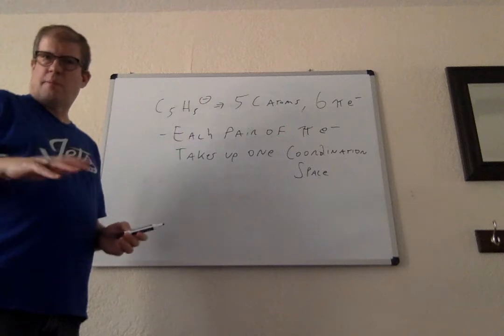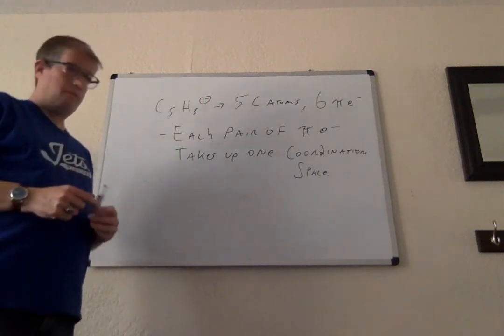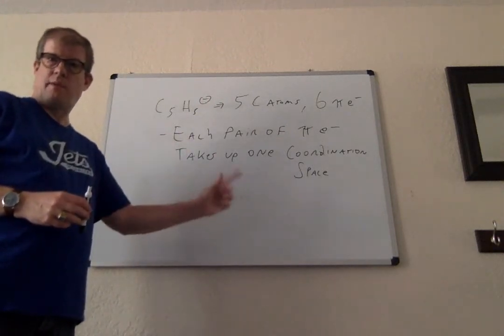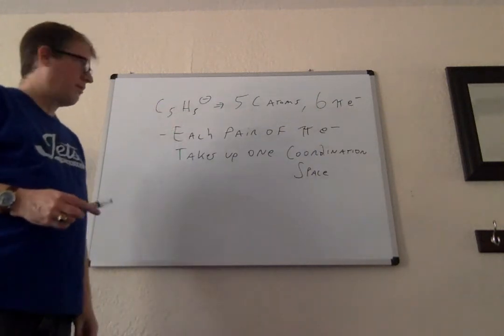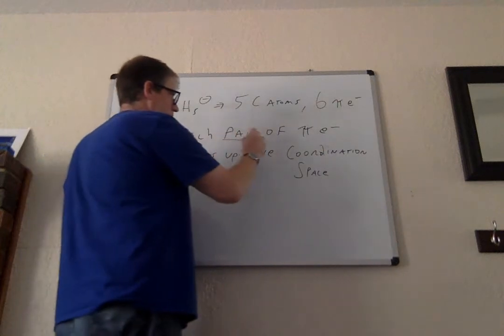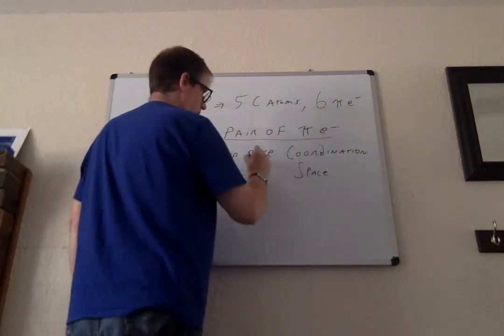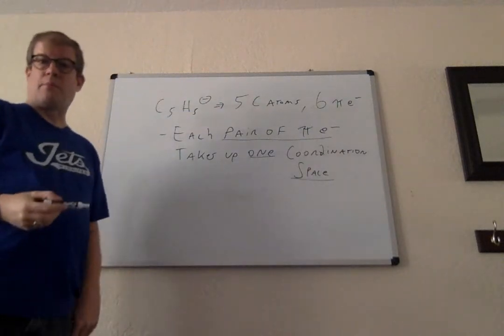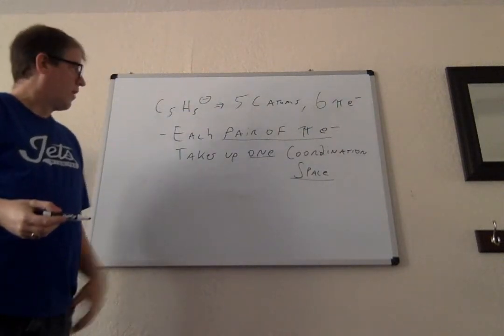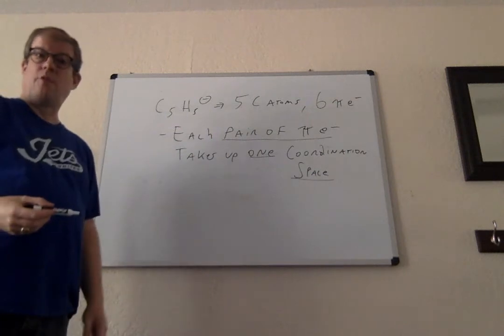So if things are sigma bonded like we've done with everything else before, it's how many things are attached to the metal that gives you the coordination number. Here, we're doing something a little bit different. And it's this part of the statement that's important. So how many pairs of pi electrons do we have?